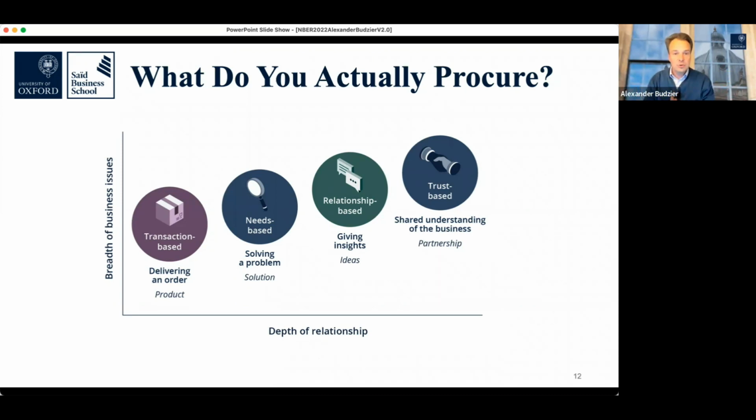And we then want to procure against those user needs, and we're open to different technical solutions. The next level up is we want to go on somewhat of an innovation journey together, and so we really want to procure insights and ideas. We want to procure novel innovation. Again, a greater level of uncertainty, a greater level of risk.